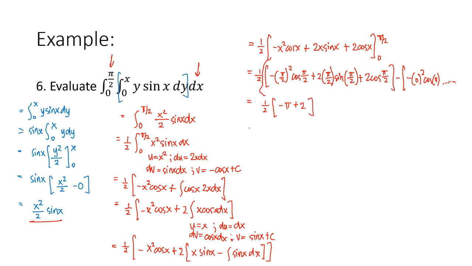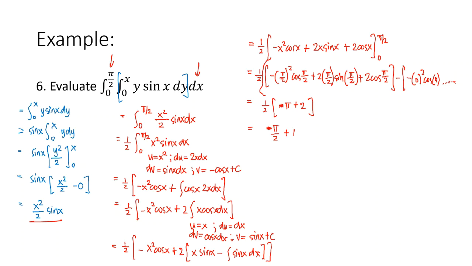So basically, if we would calculate this, we have negative pi over 2, and then we have plus 1. So this is equivalent to positive pi.